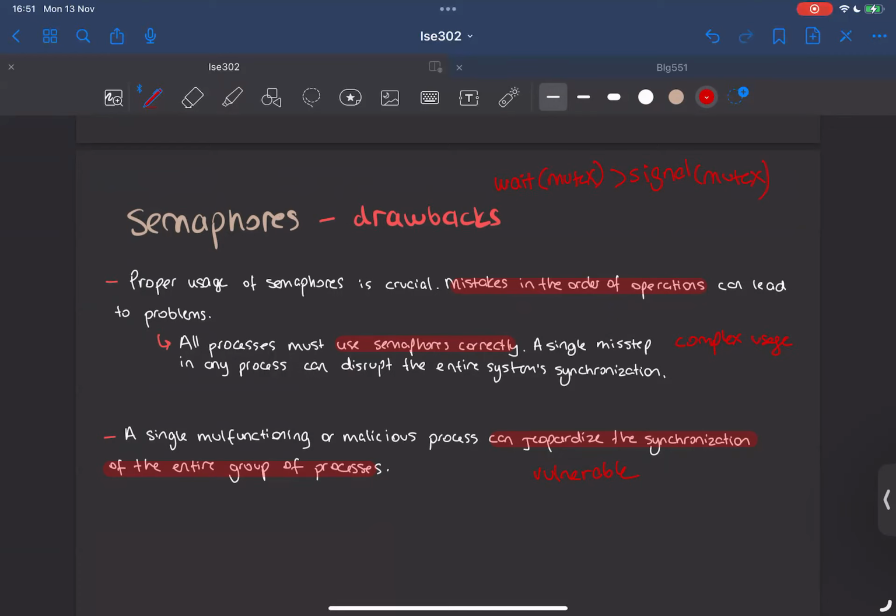If this order isn't maintained, multiple processes might access critical sections at the same time. Even a single process misbehaving, whether due to errors or intentional actions, can cause these problems. To prevent these issues, it's important to be careful and strictly follow the synchronization rules.